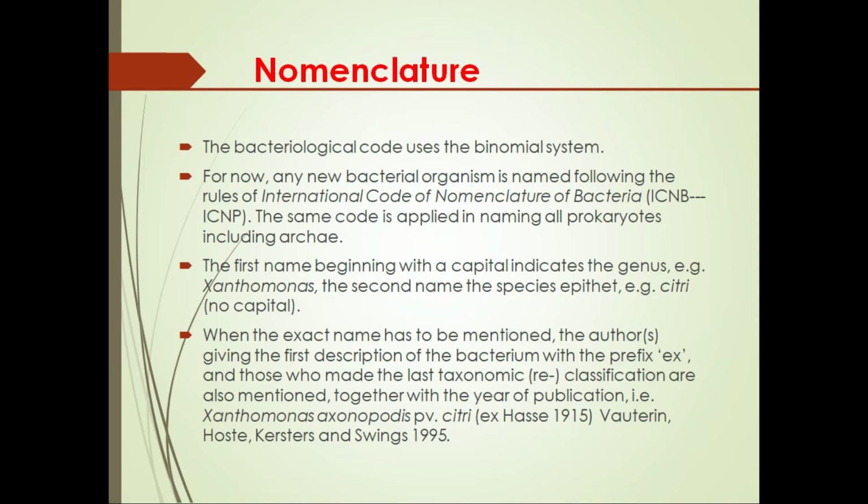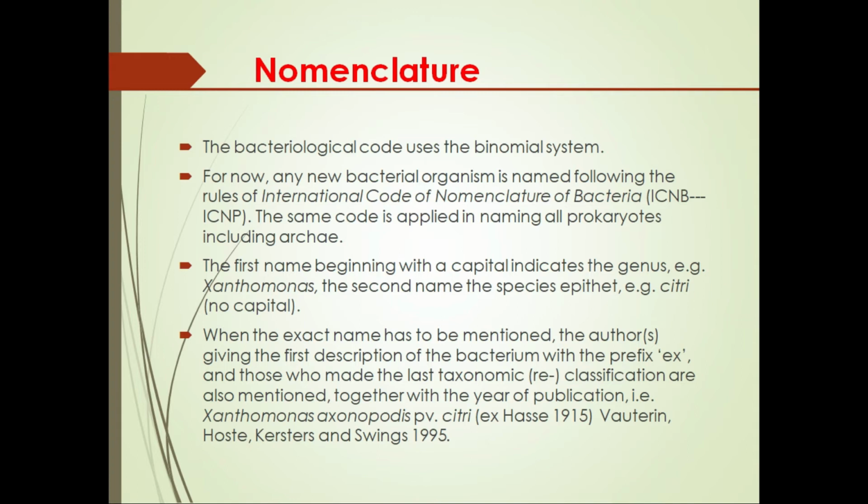This ICNP code is applied for naming all prokaryotes, including archaea. Archaea are also prokaryotes because they also do not have organized nucleus. So all prokaryotes are named following International Code of Nomenclature of Prokaryotes.